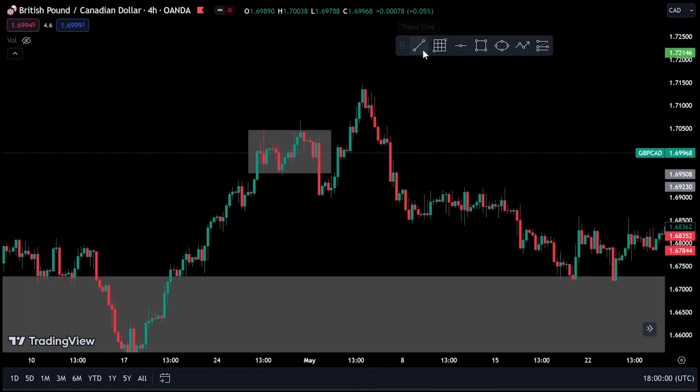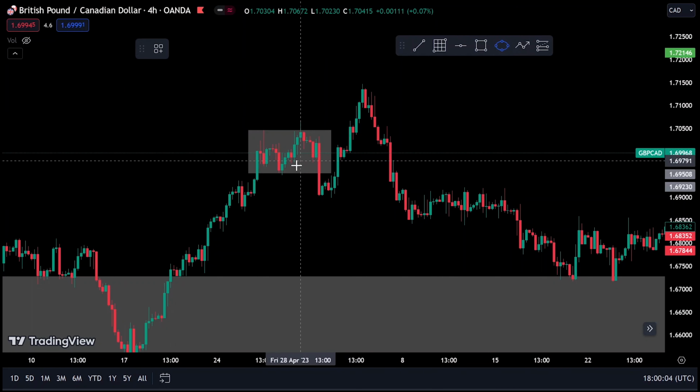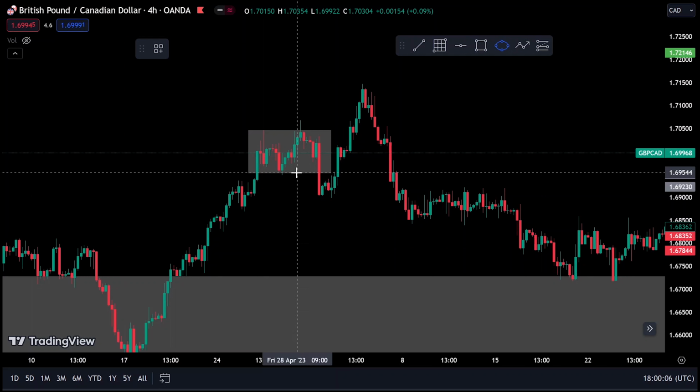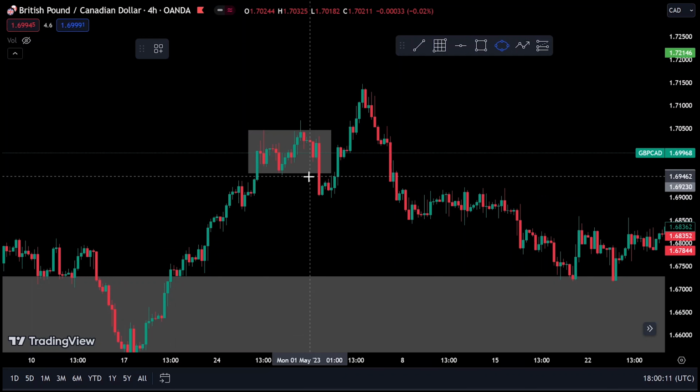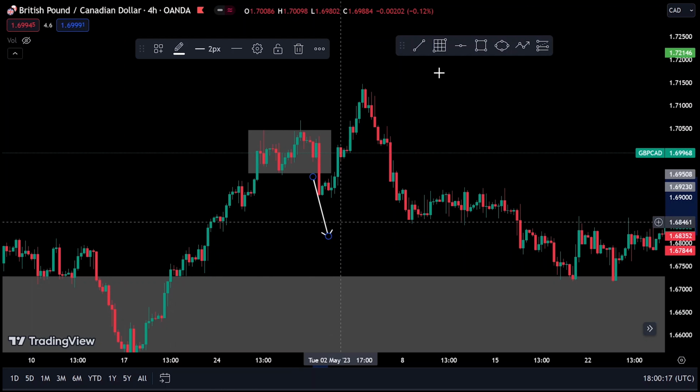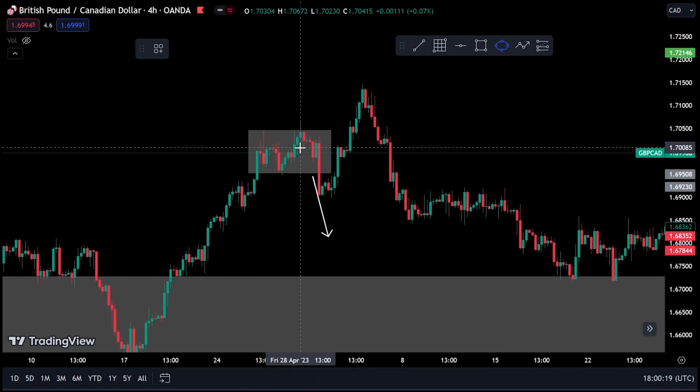Since it broke out of the range, what are you going to expect? You're going to expect a sell or a bearish movement. So retailers are going to what? They're going to sell. They expect to sell, and then they're going to put their stop losses.